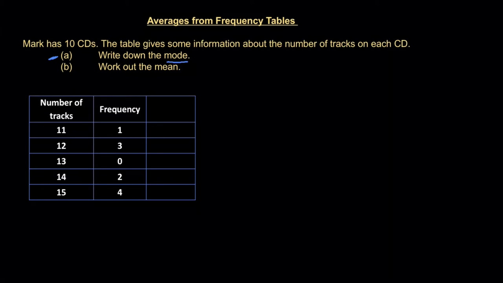Mode is the most frequent track, because we are talking about tracks. So the most frequent track. If you look at your frequency table, you can see the highest frequency is 4.